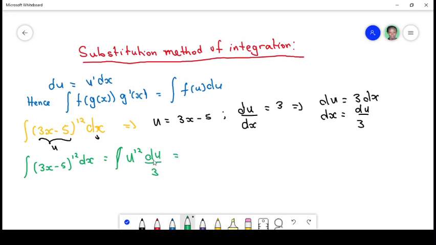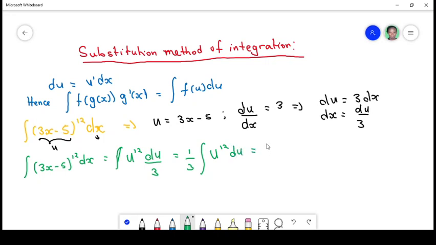So I can bring this out: I have 1 over 3 times the integral of u to the power 12 du.